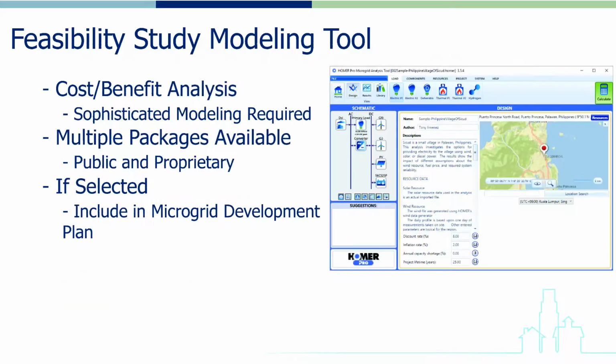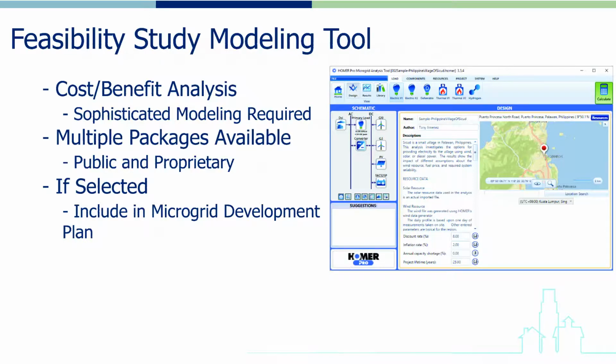A key aspect of any technical feasibility study for a microgrid is a cost-benefit analysis. As can be imagined, this type of analysis can be complex with a wide range of moving parts, particularly when it comes to estimated energy savings and other potential microgrid benefits. In order to optimize a microgrid system design, a series of complex calculations need to be undertaken, requiring sophisticated modeling software typically implemented by energy engineering professionals.